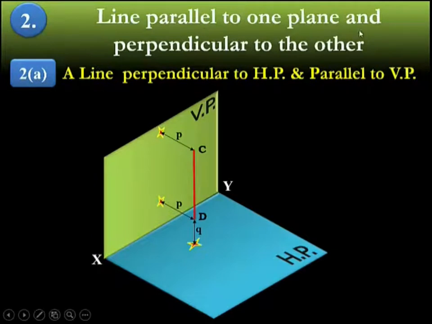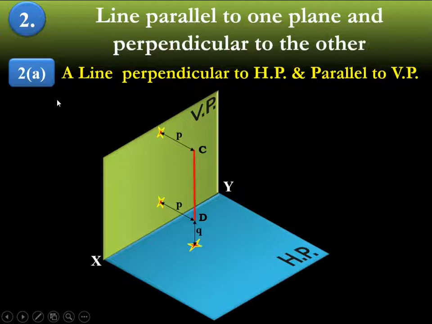Line parallel to one plane and perpendicular to the other plane. The first subdivision under the second category is a line perpendicular to horizontal plane and parallel to vertical plane. Here we can see the pictorial representation of a line which is perpendicular to horizontal plane and parallel to vertical plane.